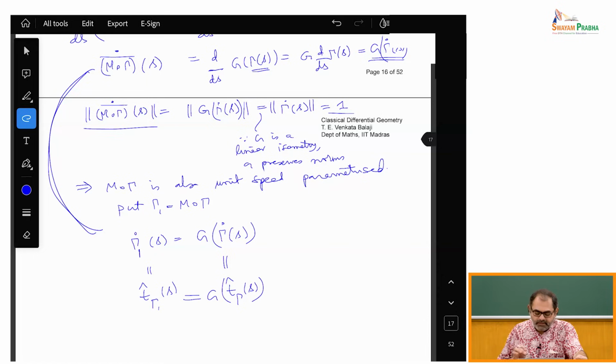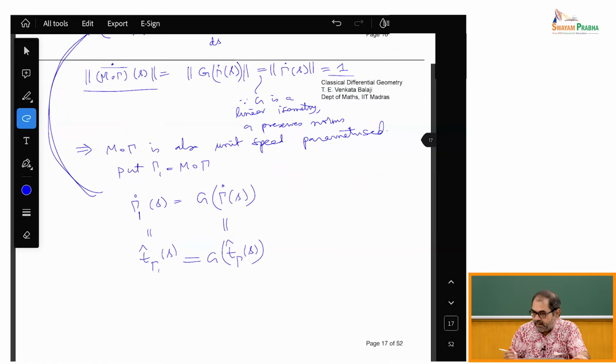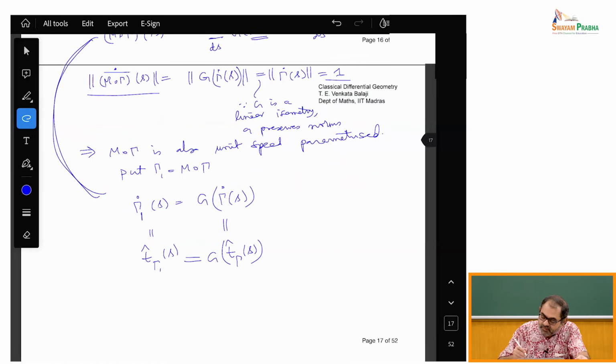All right, now differentiate one more time, because I would like to use the first Frenet-Serret relation that T cap dot is ks into n s cap.